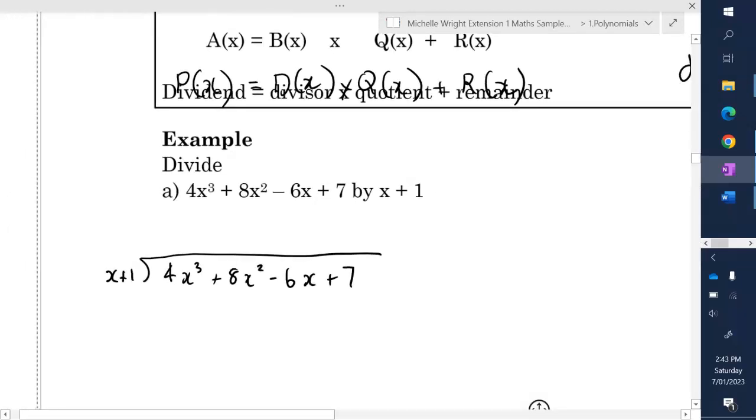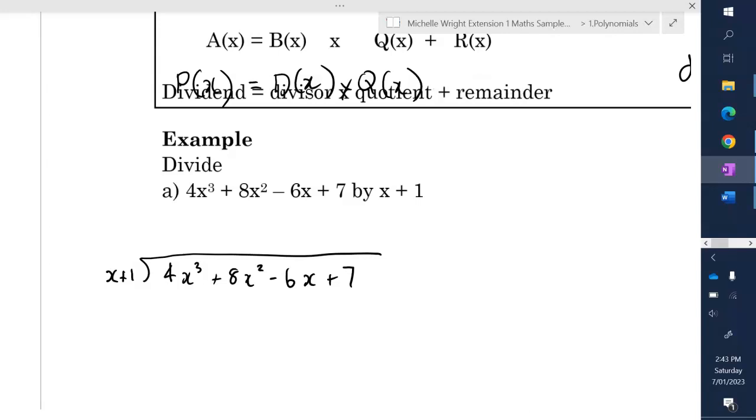So this one's going to be a little bit different to what we've done over to the right, primarily because we have more terms in our polynomial that's dividing in. So I want to see how many times does x go into 4x cubed, or what do I need to times x by to get 4x cubed? And then I'll write my answer up the top here. So I'm going to end up with 4x squared.